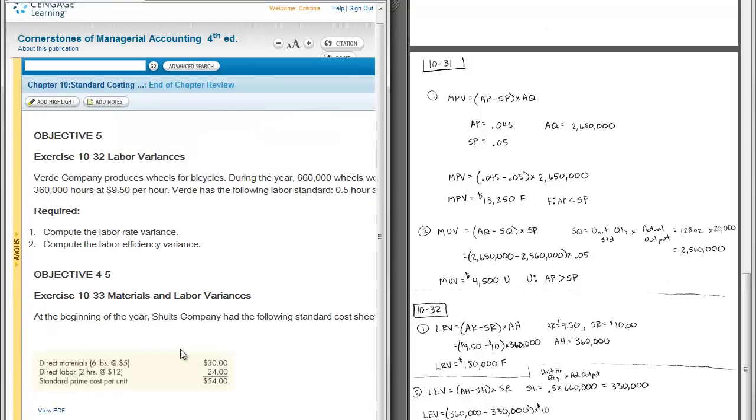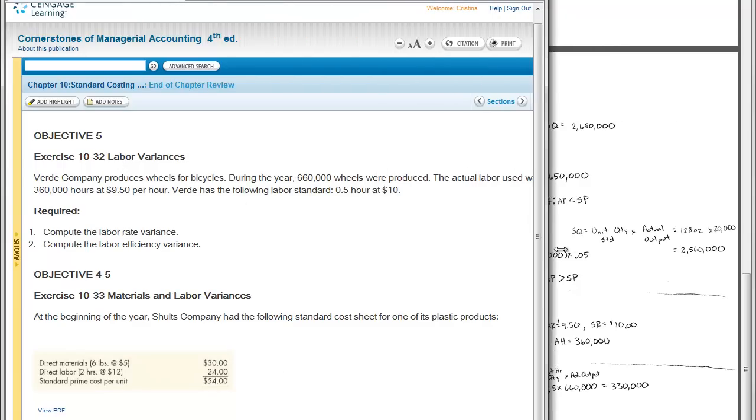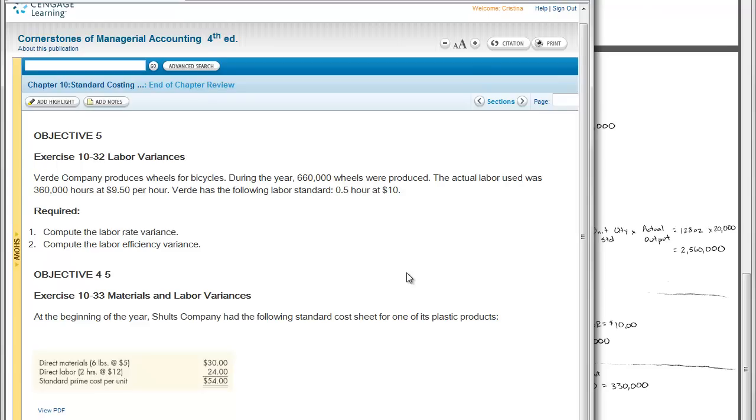So moving on to exercise 10-32. This particular exercise, we're going to be taking a look at labor variances. We can first take a look at the information given in the problem.